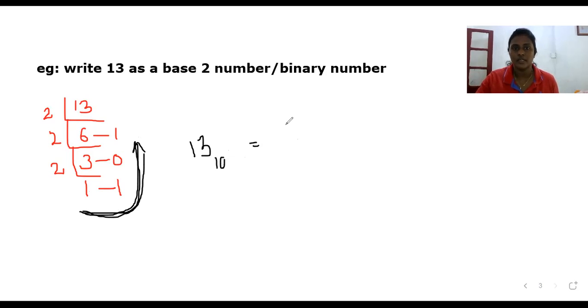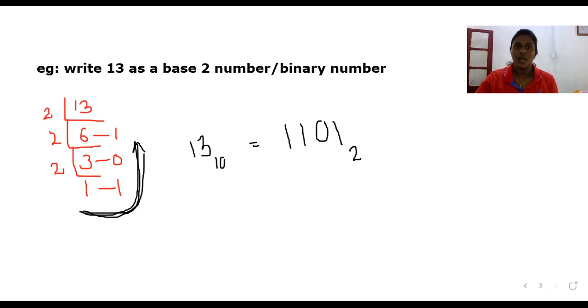Bottom to top we are continuing 1, 1, 0, 1. And as this is a base 2 number, in small manner, we want to write 2. Right, this is how we write decimal number 13 as a base 2 number or as a binary number.